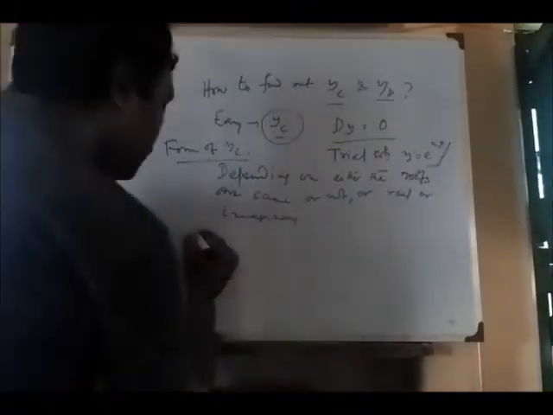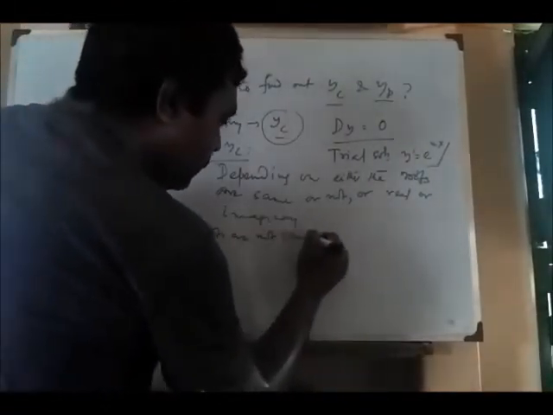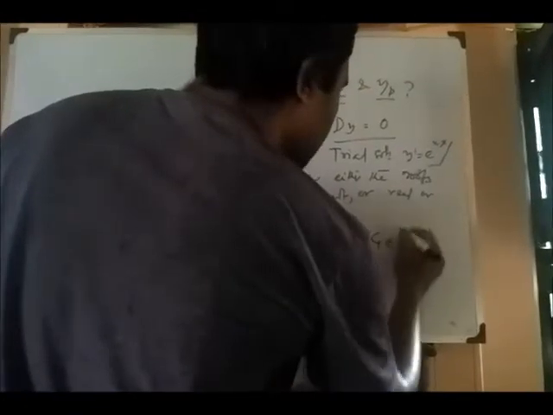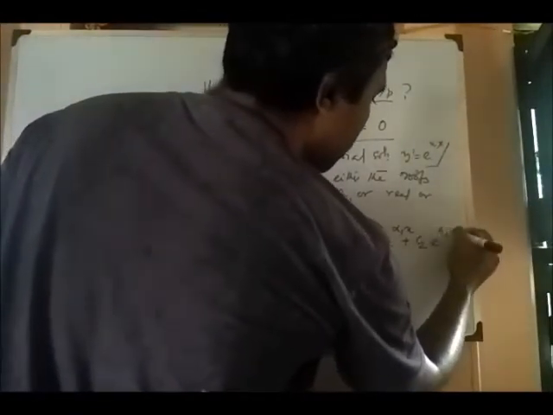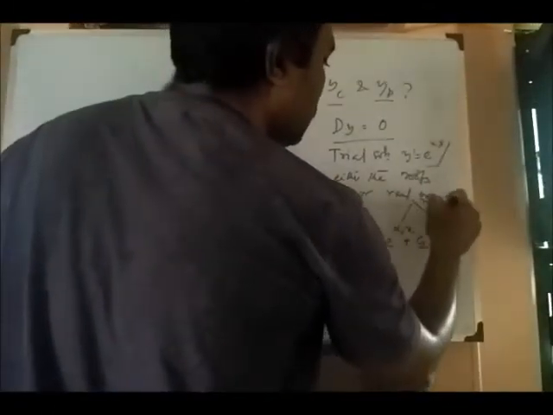Say for example, if roots are not same, then yc can be written as c1 e to the power alpha 1 x plus c2 e to the power alpha 2 x, where alpha 1, alpha 2 are real.